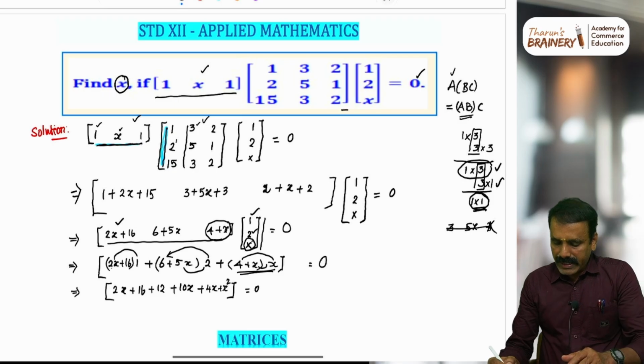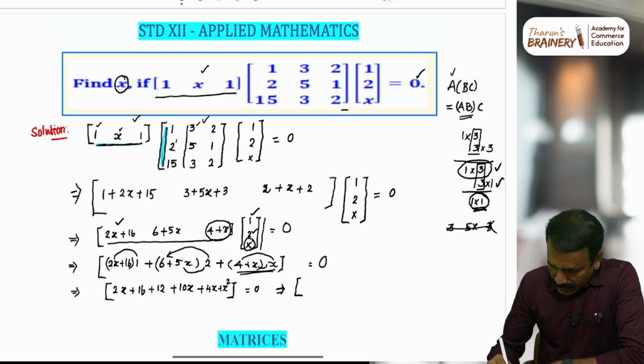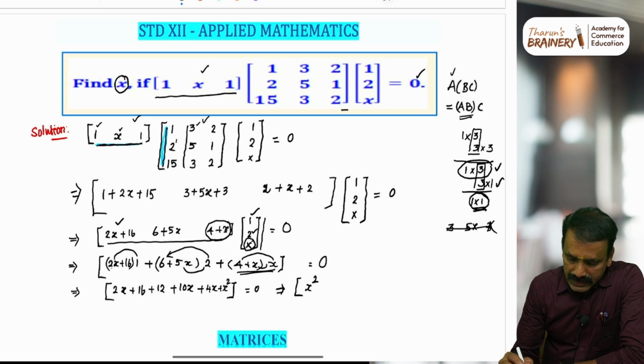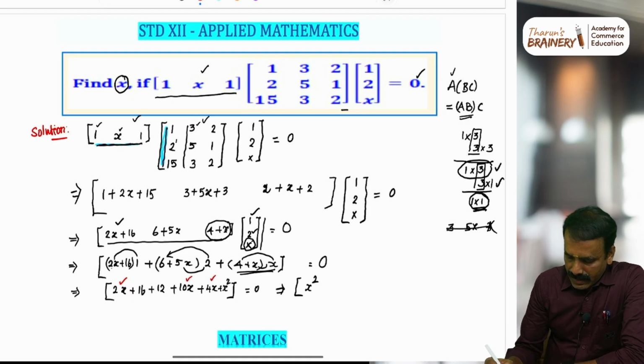So we are getting a quadratic expression now, which implies we are going to have only one x square term. And how many x terms are we going to have? We are going to have 3x terms. Are you able to see that? 2x, 10x, 4x, and all the elements have a plus symbol only.